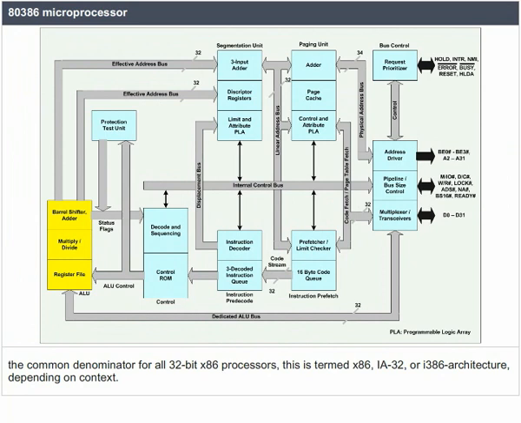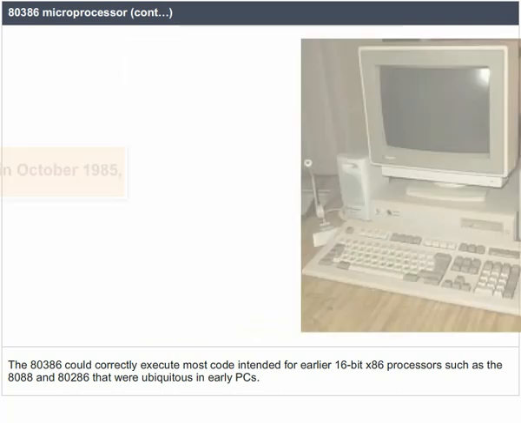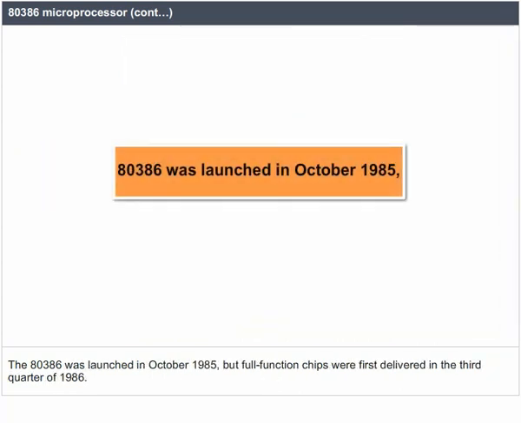The 80386 could correctly execute most code intended for earlier 16-bit x86 processors, such as the 8088 and 80286, that were ubiquitous in early PCs. The 80386 was launched in October 1985, but full-function chips were first delivered in the third quarter of 1986.